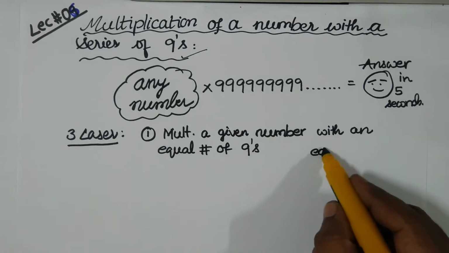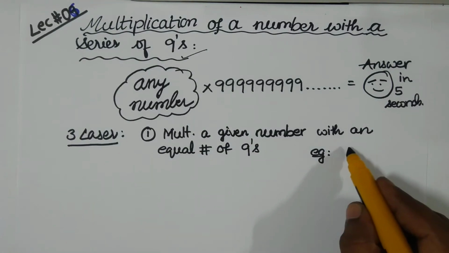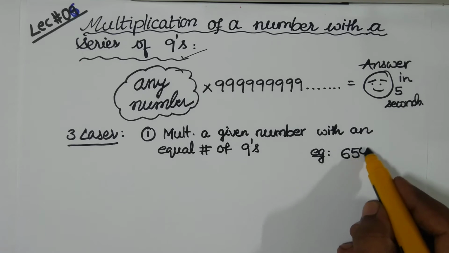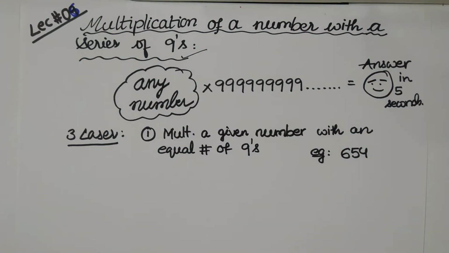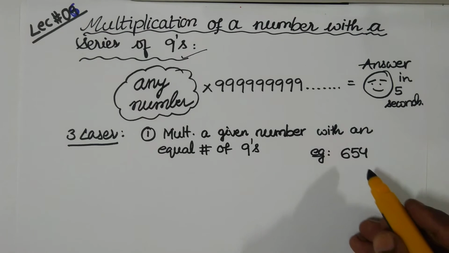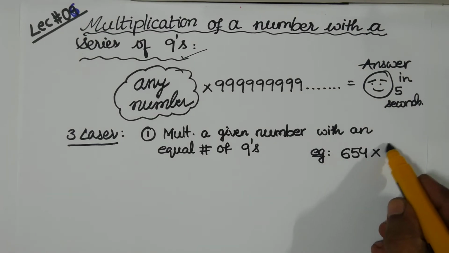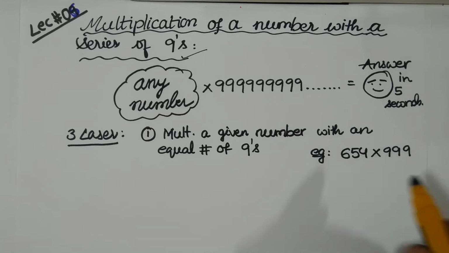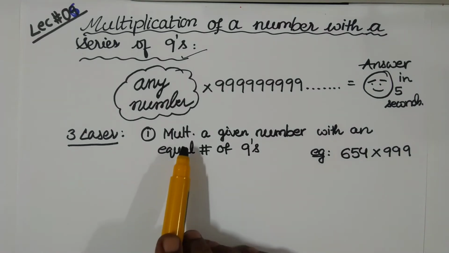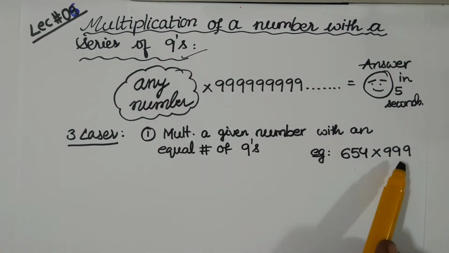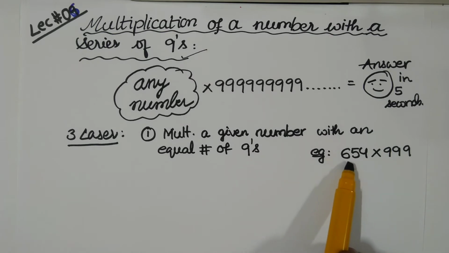For example, say you have 654. Say we have multiplicand 654, we have 3 digits in this number. If you multiply by 999, that is multiplying a given number with an equal number of nines. Here we have 3 digits, and here also we have 3 digits.